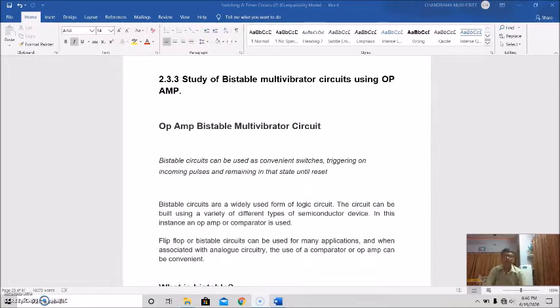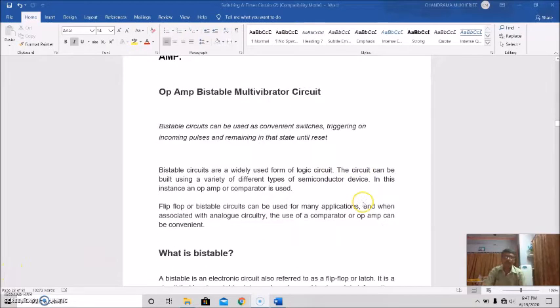Now we'll discuss the bistable multivibrator using op-amp. Basically, a bistable circuit can be used as a convenient switch, triggering on incoming pulses and remaining in that state until reset.